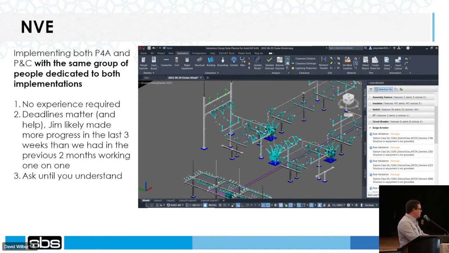It really is remarkable. I say here, no experience required. This is probably true of all of our customers, but was certainly true of NV Energy. They were designing in 2D.